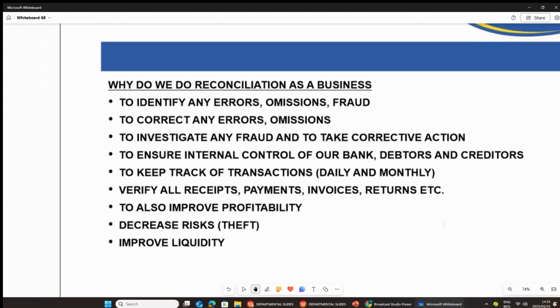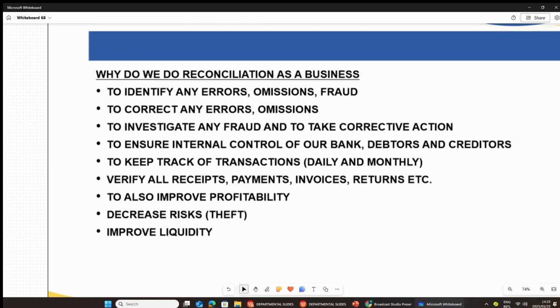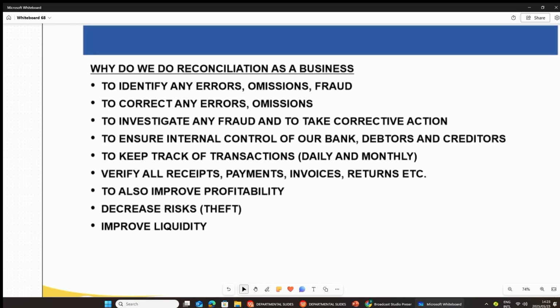Now, it's important for us to know, grade 12s, why we do reconciliation as a business. The first reason is we need to identify if there are any mistakes or errors, or any omissions. Omission means there was no recording at all for a transaction that took place, or maybe there was fraud that was committed.